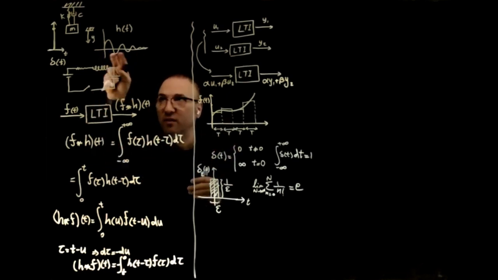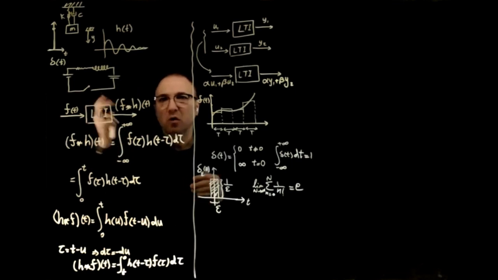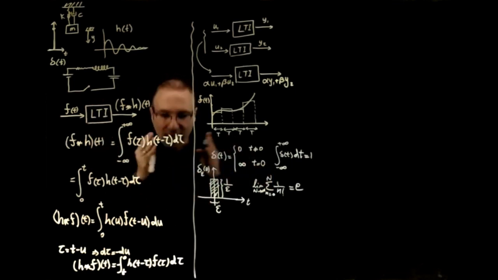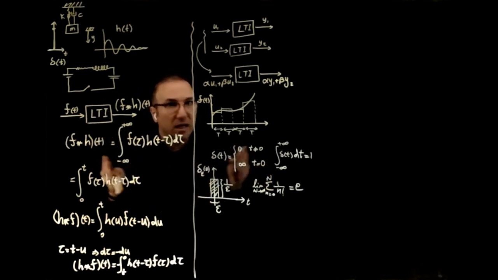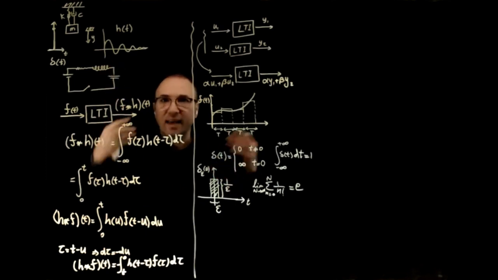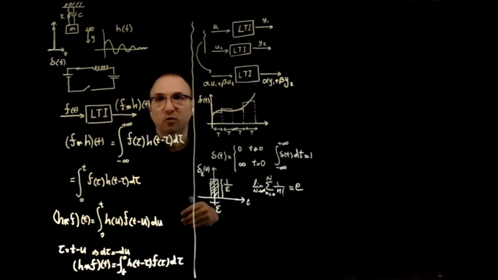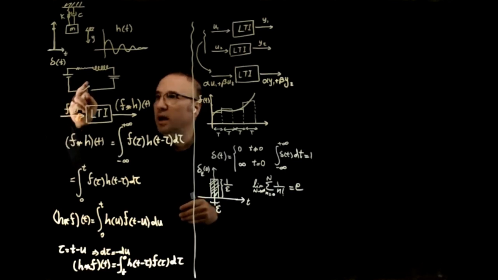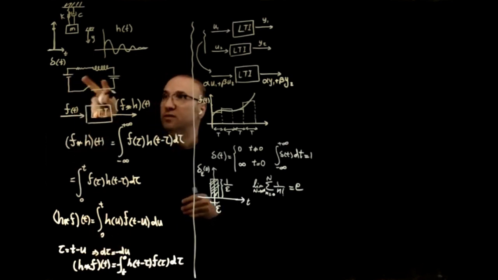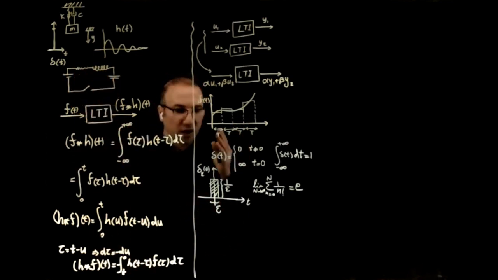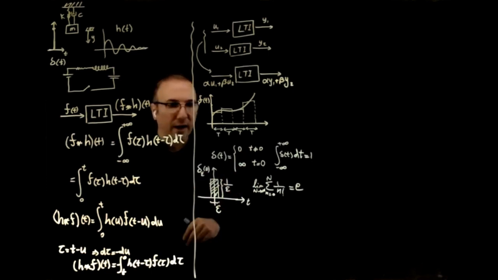So if our system is slow and our delta is fast enough, the system sees it like a Dirac delta function. The same thing here. We might have a transistor to switch this on and off in a nanosecond or femtosecond, and the system would see that happen as a delta at time 0 for no time duration.